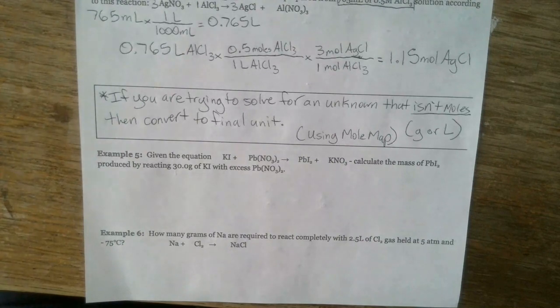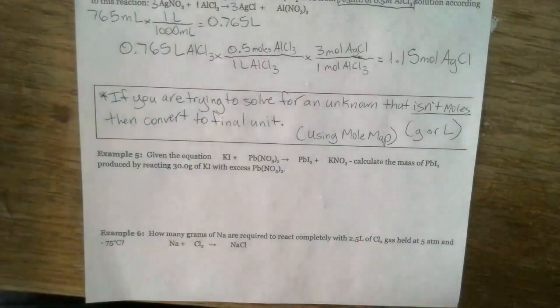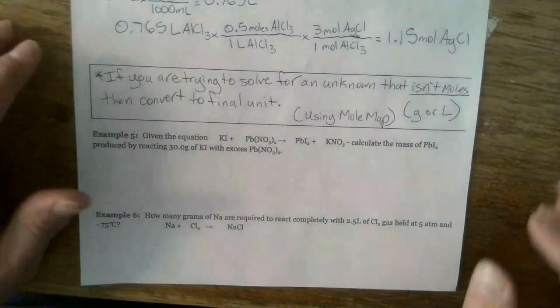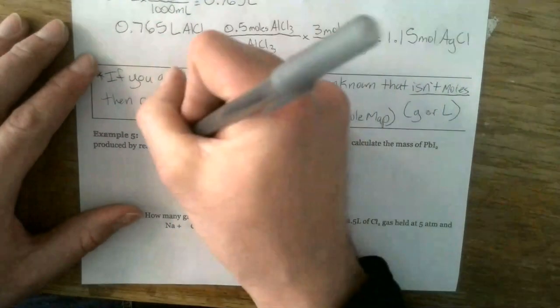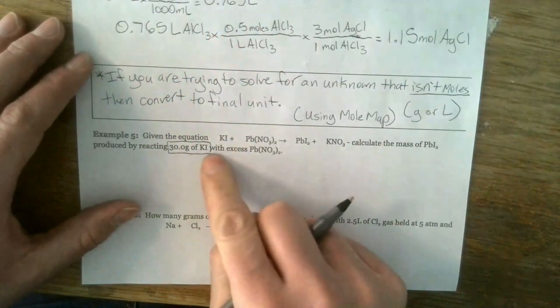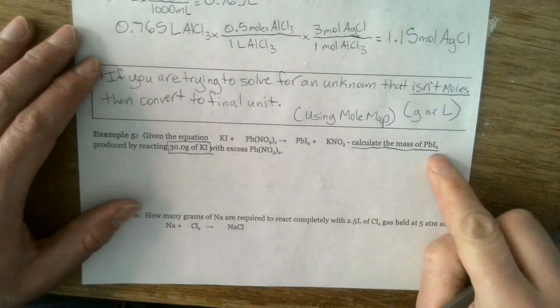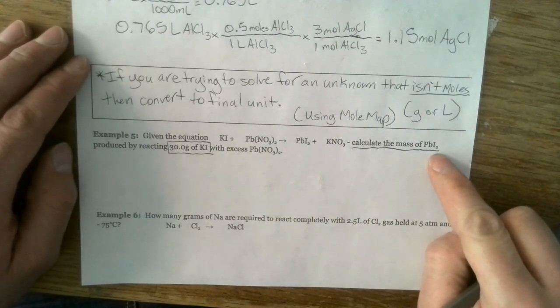Okay? All right, so let's say, for example here, that given this equation, we wanted to start with 30 grams of potassium iodide, and we wanted to calculate the mass of lead 2 iodide.